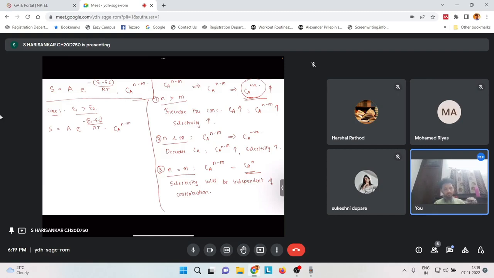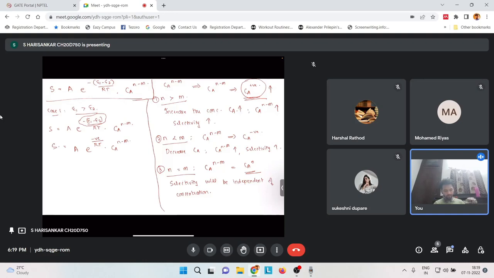So here, if E1 is greater than E2, this term as a whole becomes negative, right? So it will become something like A e raised to a negative term by RT, times Ca raised to n minus m, right?